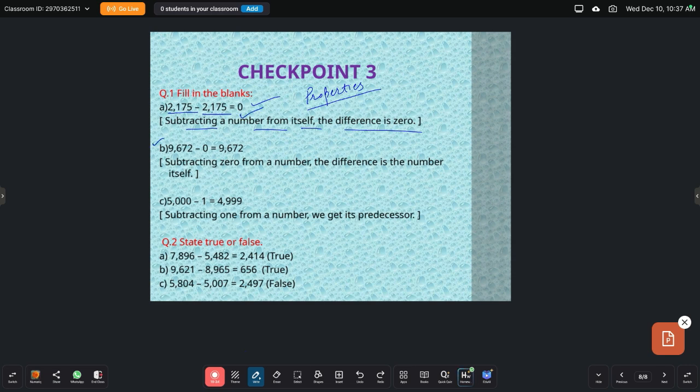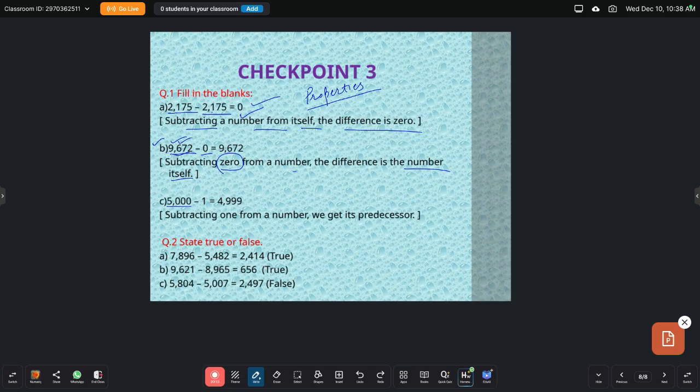Now part B. Here we have 9,672 minus 0. Which property do we apply here? Subtracting 0 from a number, the difference is the number itself. So we have a number, and from this number we subtract 0. The answer is the number itself. In the third part, we have 5,000 minus 1.